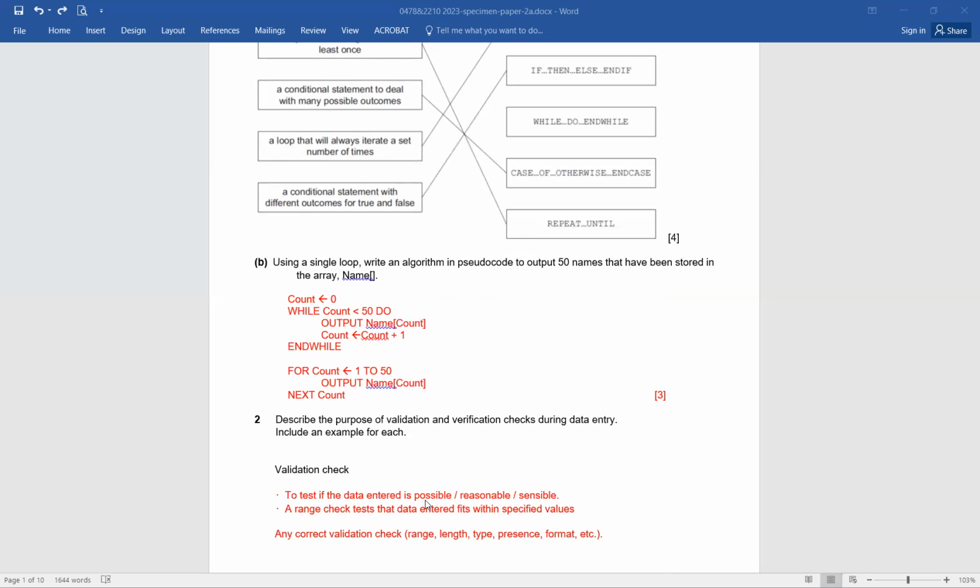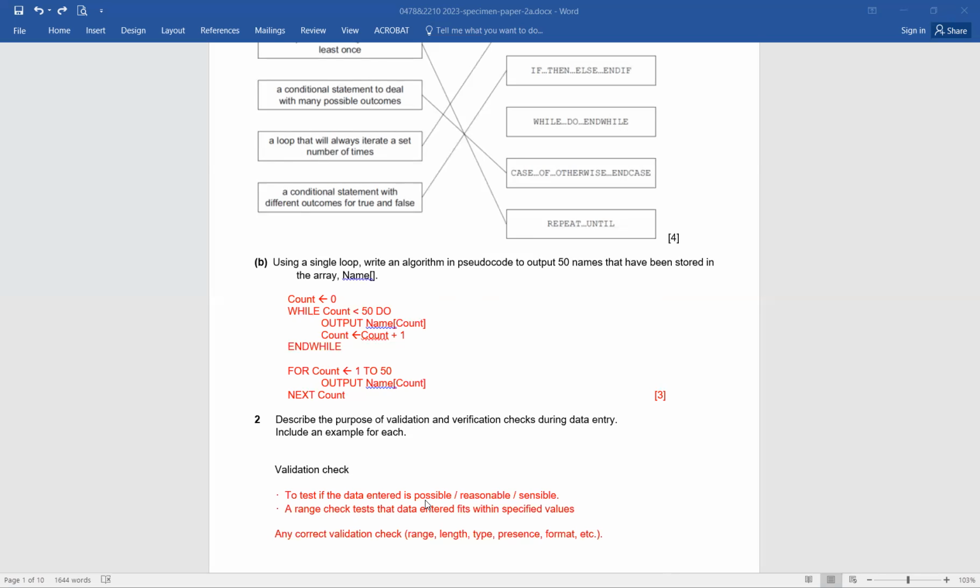You can use any, and if you recall the validation checks that we have learned: presence check, range check, limit check, format check, length check, a lot you have learned. Since they're asking for an example, you need to actually describe the example also.